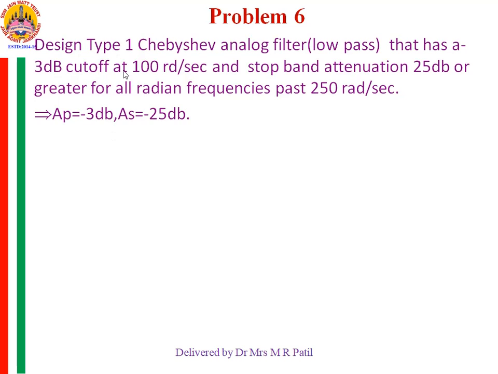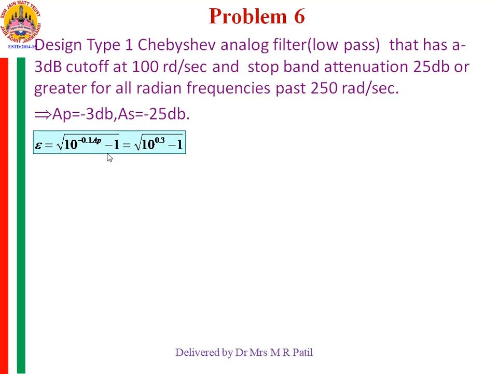Now these are attenuations, so you have to take AP as minus 3 dB and AS as minus 25 dB. Now from this AP and AS, we need to find epsilon and lambda. Therefore, epsilon is equal to square root of 10 to the power of minus 0.1 AP minus 1.